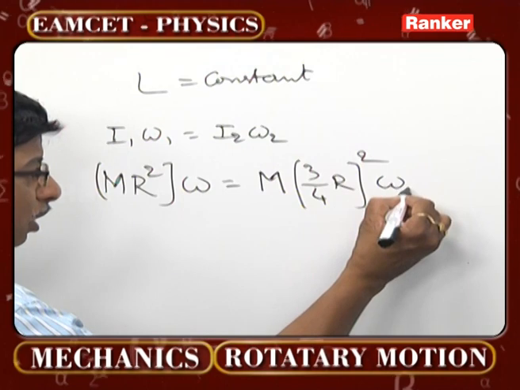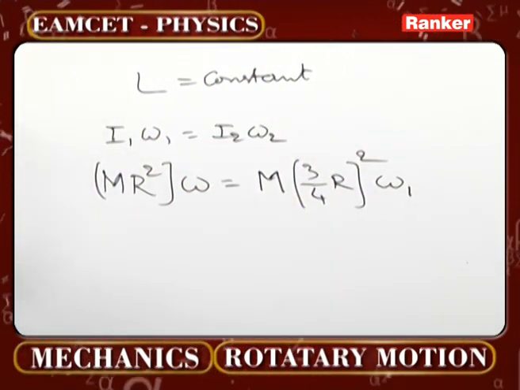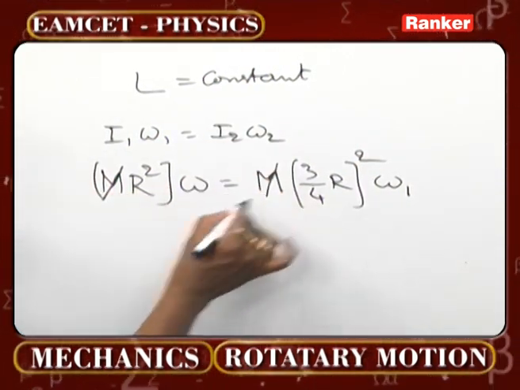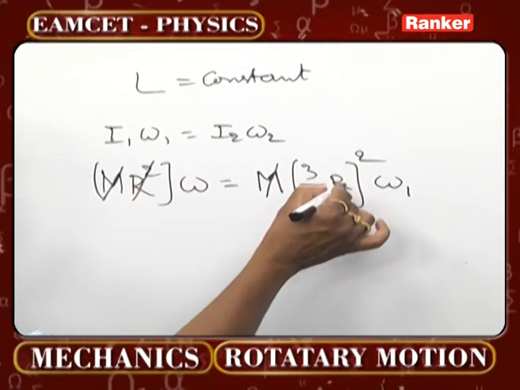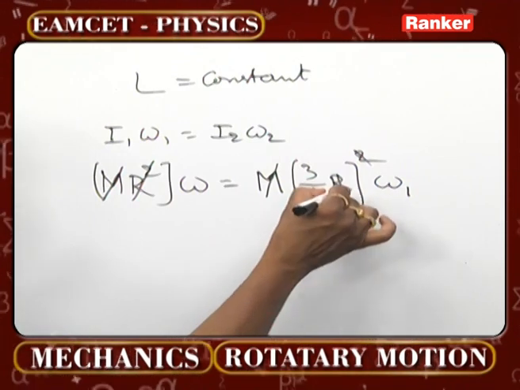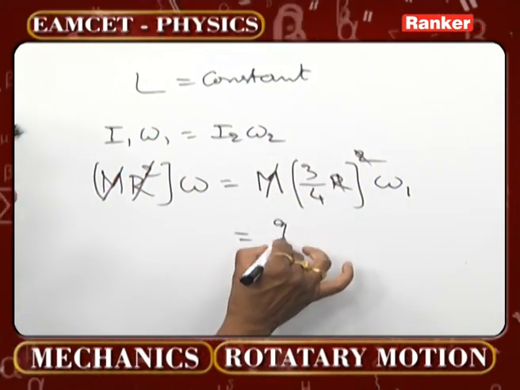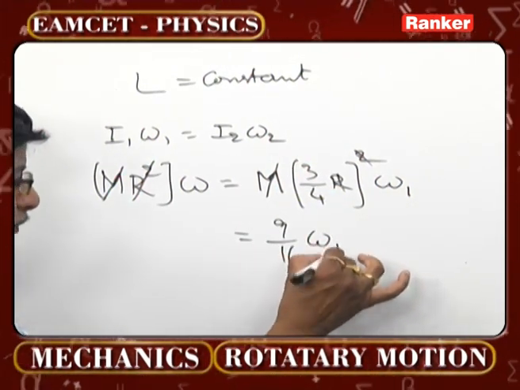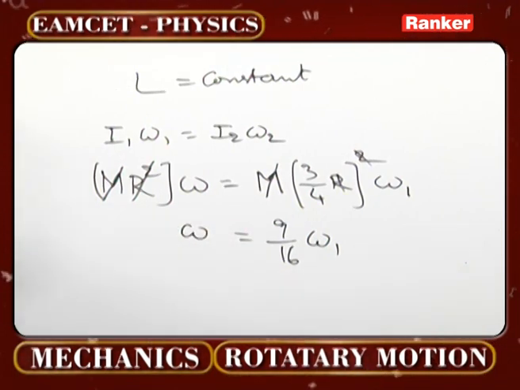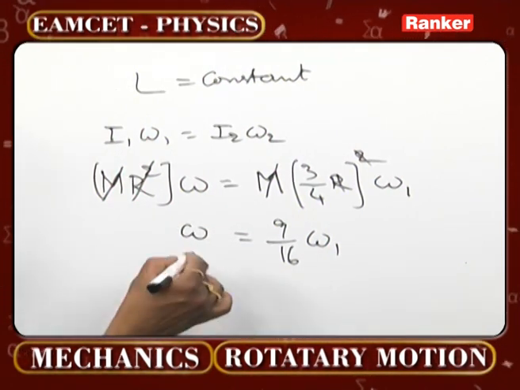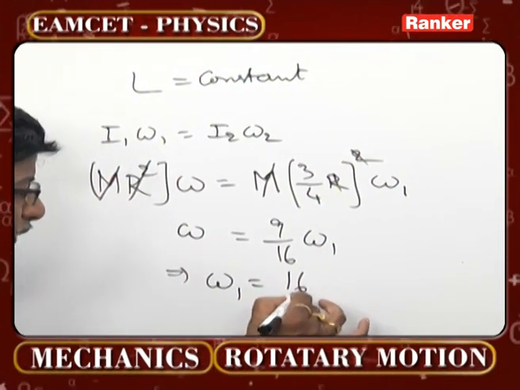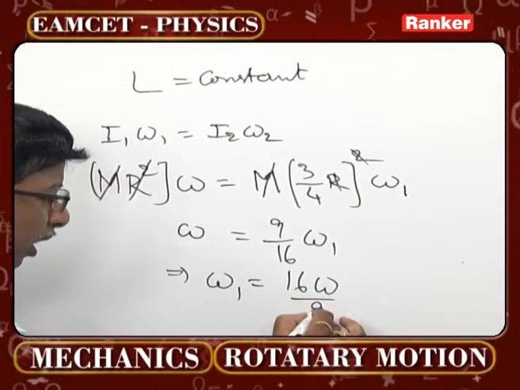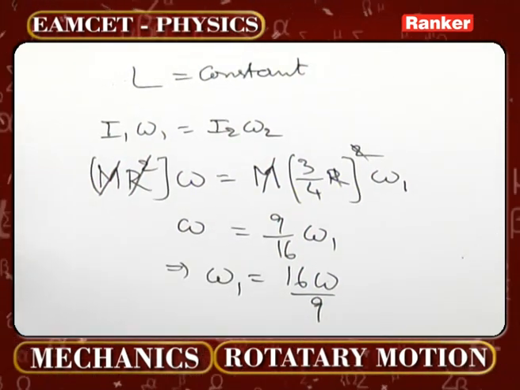3/4 r whole square in place of this I can write. This value now can be taken as omega 1. Now if you cut this m off, this r square over here you can cut that one as well. When you take this r square, what will be left over here? 9 by 16 omega 1 is equal to omega you are getting. 9 by 16 in the sense, what will be omega 1 is the question. 16 omega by 9, that must be the corresponding value.